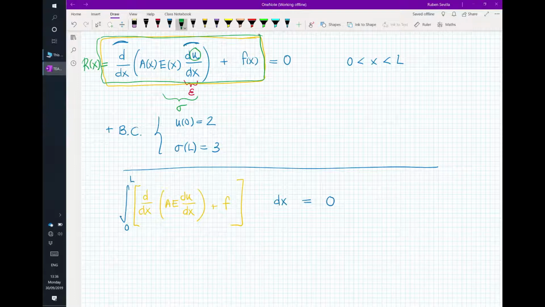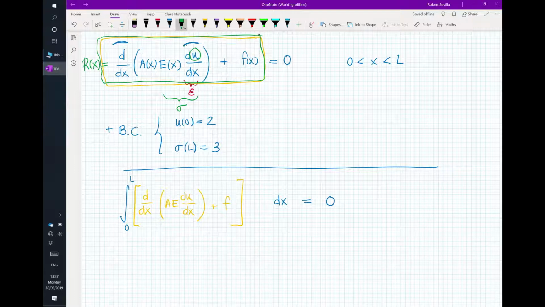I use the letter R to refer to residual. So your objective initially is to find a function u of x, the displacement at any point on your bar that makes this residual exactly 0. That means that you can find a displacement that gives you equilibrium at all the infinite points of the bar. I'm saying the same in many different ways, but that's the objective of the first problem.